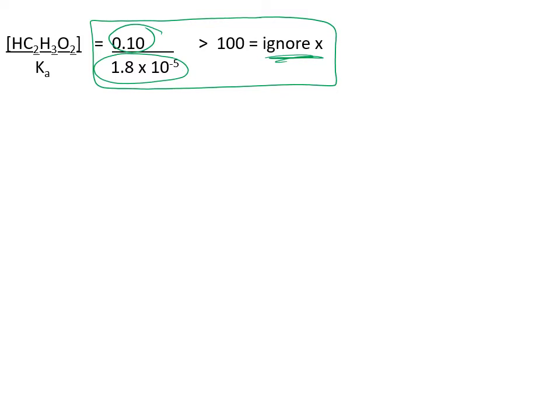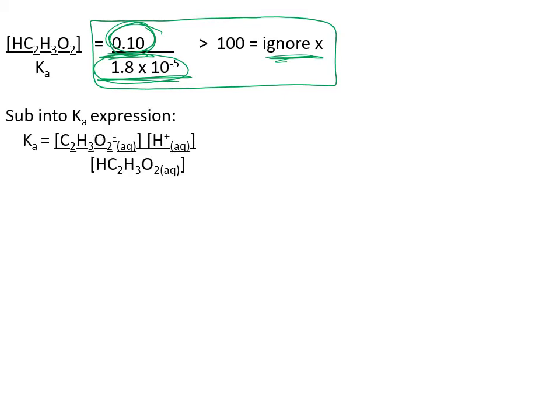How much is this going to be shifting to the right? How much product is going to be formed here? And then what I'm trying to find out is, okay, if I ignore the x value relative to this particular concentration that I'm starting with, would that be okay? Is it going to be significantly different? And so I'm checking the concentration divided by the K value and seeing if that works out to be over 100. It does, and so therefore I can ignore x.